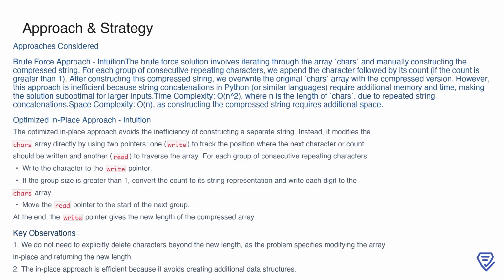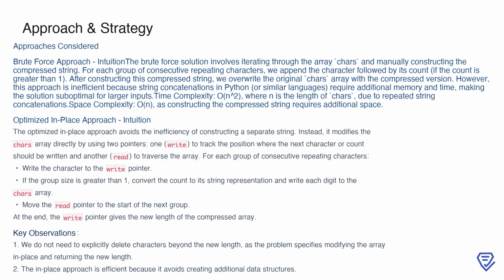Once the compressed string is constructed, we overwrite the original array with this new string. However, this method is highly inefficient, especially for larger inputs. The reason lies in the repeated string concatenations, which are costly in terms of both time and memory. As a result, the brute force approach has a time complexity of O(n^2) due to these concatenations, and a space complexity of O(n), because we create an additional string to store the result.